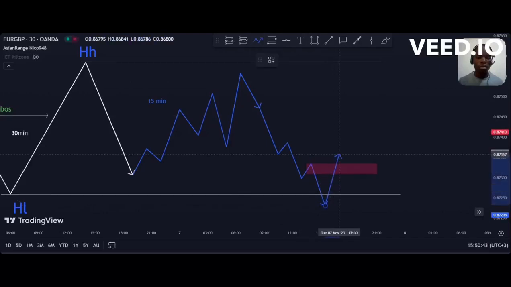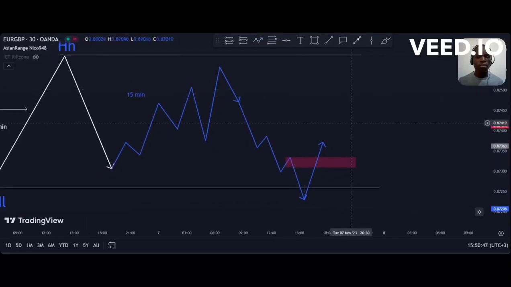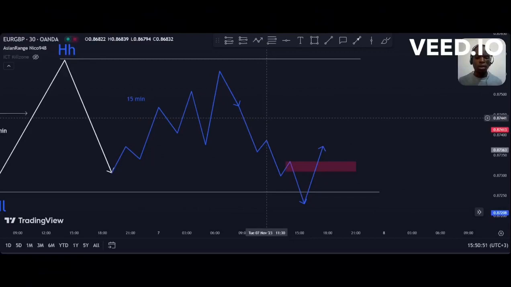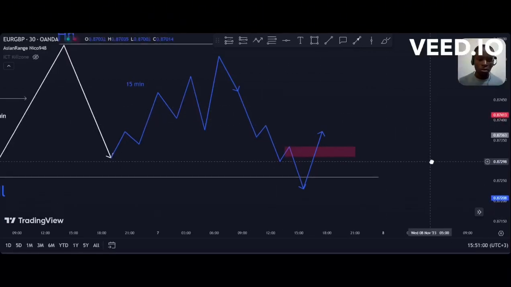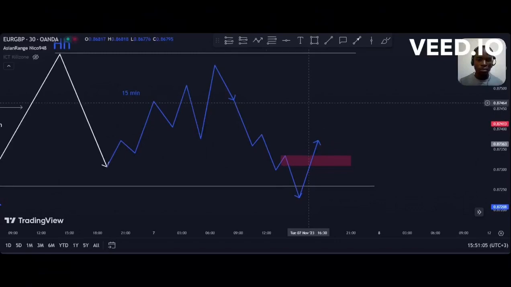We want to see it fail like that. So when the supply has failed, this now shows that the price wants to go up, because the supply that has been dominating the market has now failed. So we take the Fibonacci retracement.